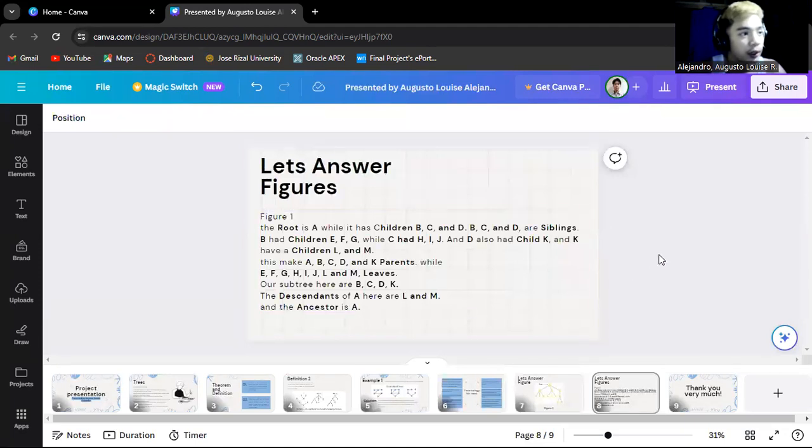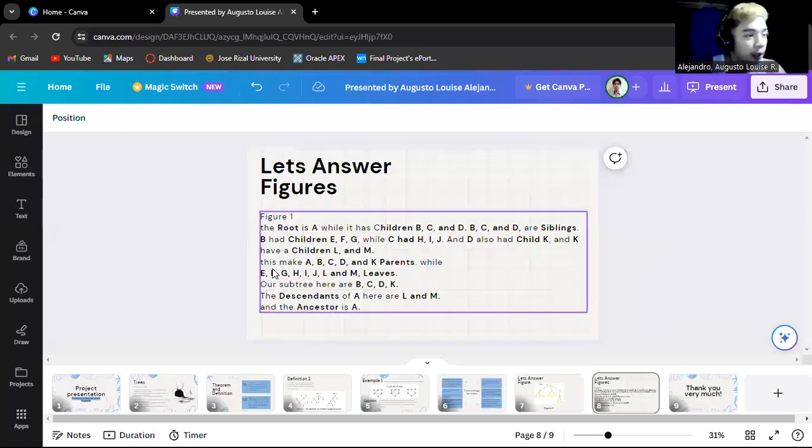B has the children E, F, and G, while C has H, I, and J. D also has a child K, and K has children L and M.